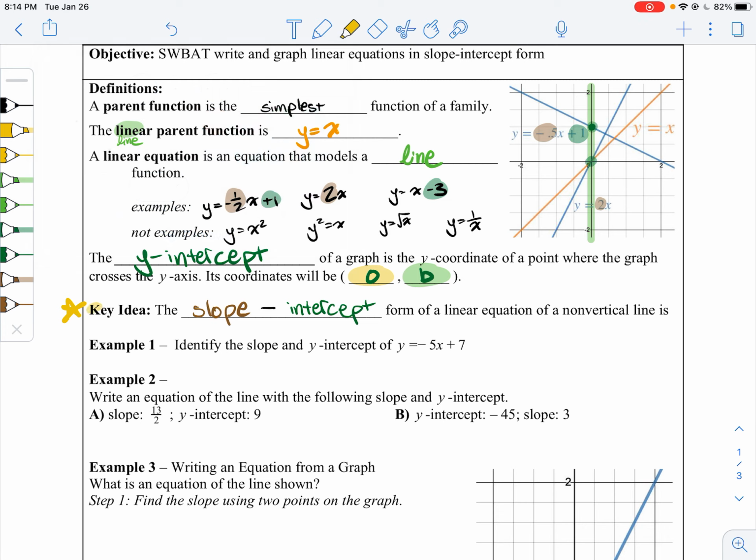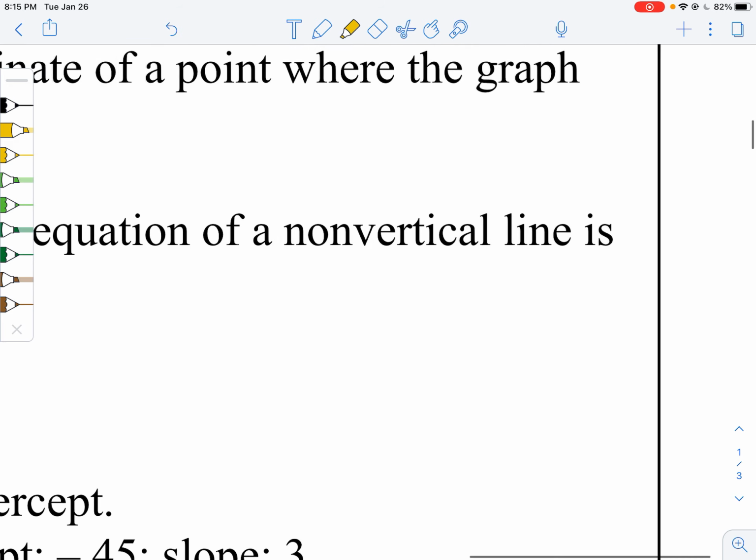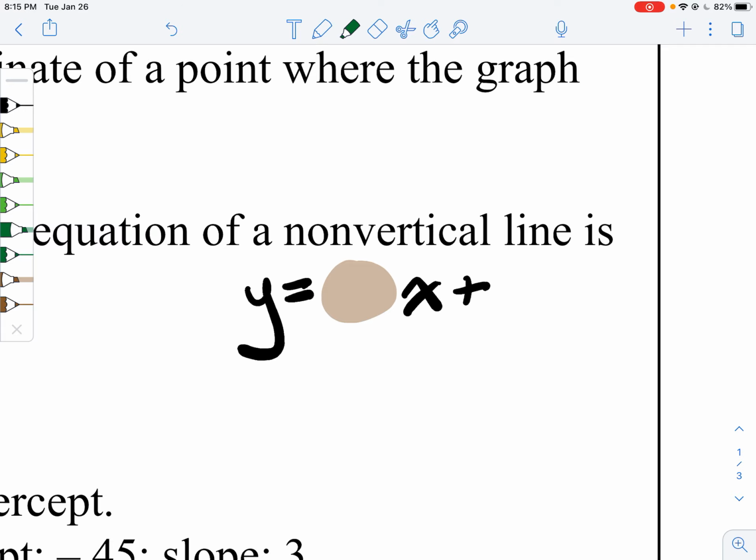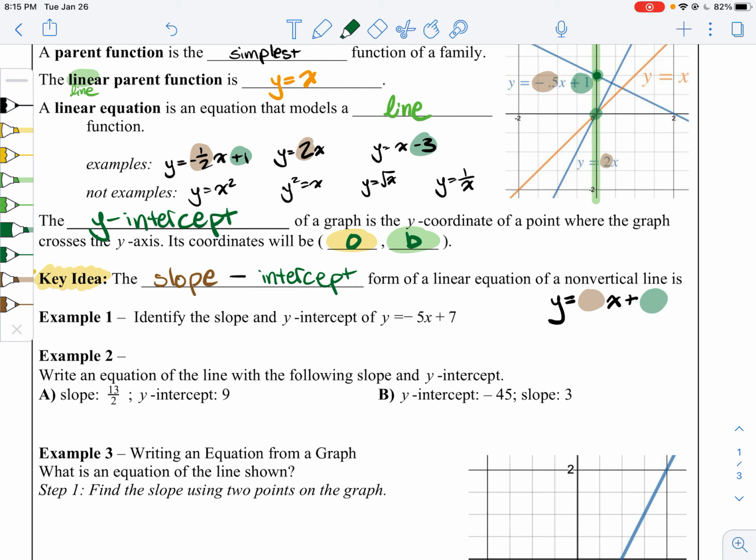As long as you know the slope and you know the y-intercept, you can write the equation of the line, and it will always be in this form. You'll say y equals whatever your slope is times x plus whatever your y-intercept is. As long as you know your slope, put it right there. And as long as you know your intercept, put it right there.